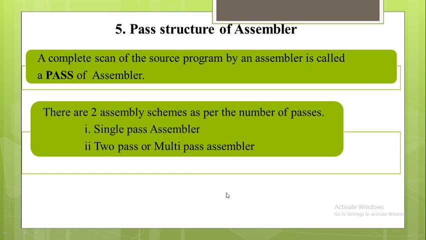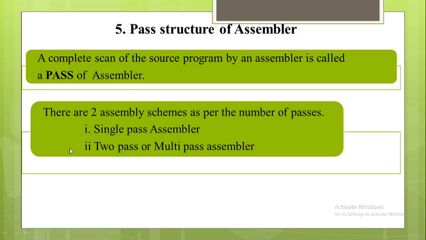Now the next concept that we are going to see is the pass structure of the assembler. A complete scan of the source program by an assembler is called a pass of the assembler. It is possible that in the assembly process, the source program may be scanned one time or more than one time.